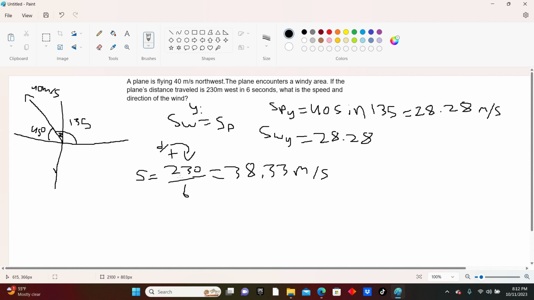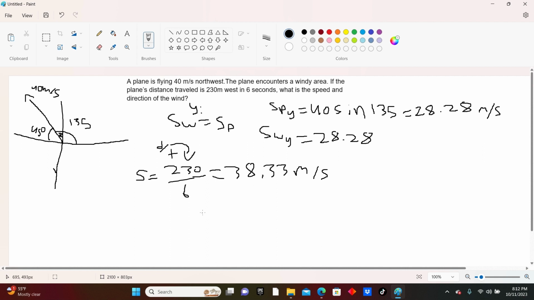So now the horizontal components of the plane speed and the wind speed must create a net value of 38.33 meters per second. Because in order for the plane to travel at this speed, the wind must be either adding or subtracting some x component velocity to the plane's x velocity.